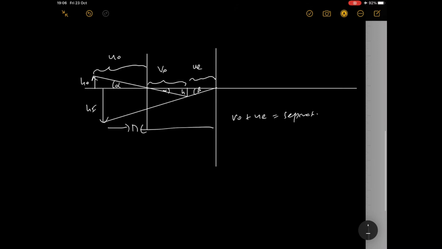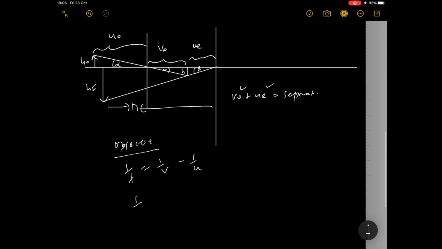So we need UO, and we need VO and UE. So for the objective, 1 upon f is 1 upon v minus 1 upon u. As far as the objective is concerned, it has a focal length of 100. The image distance we have to find.